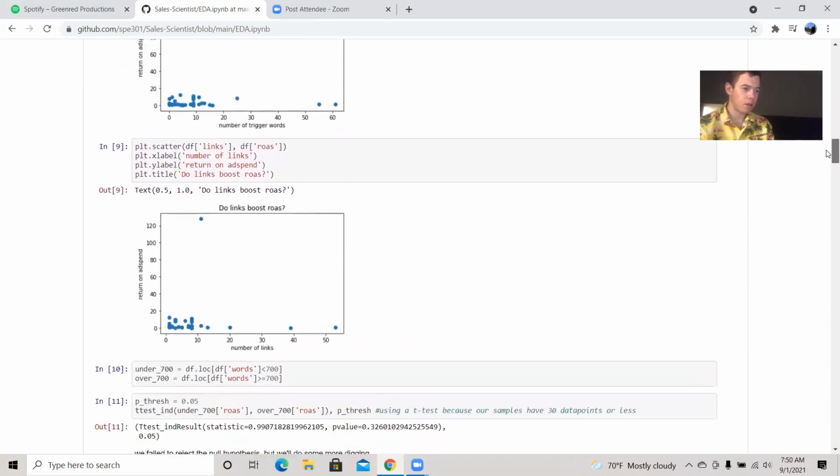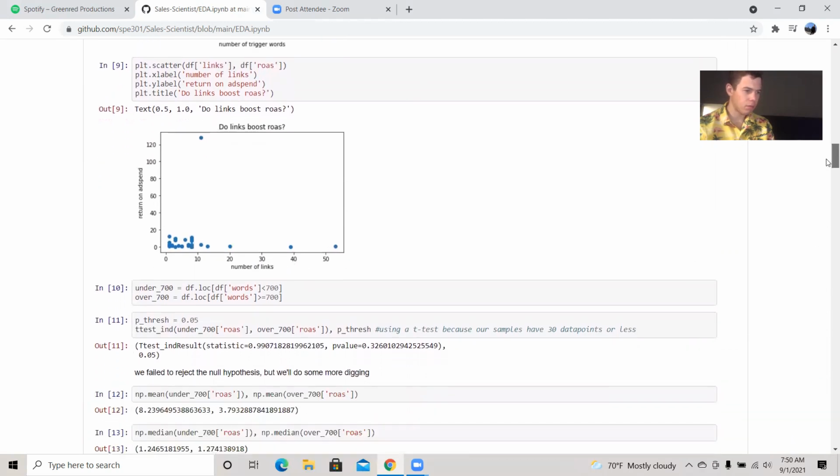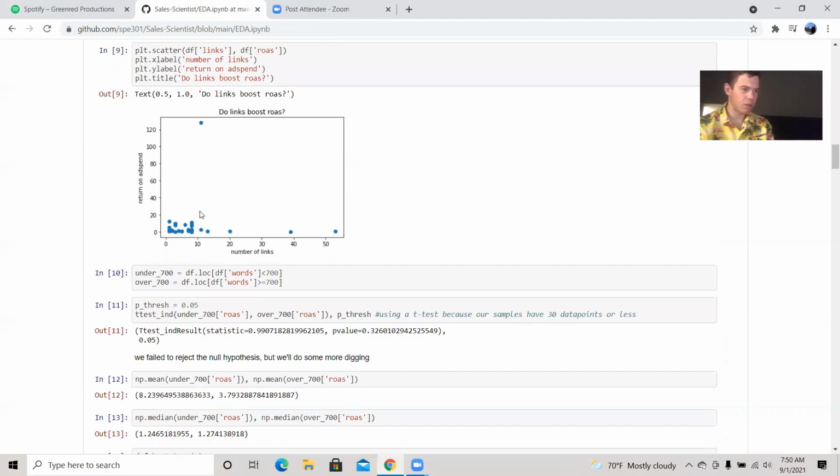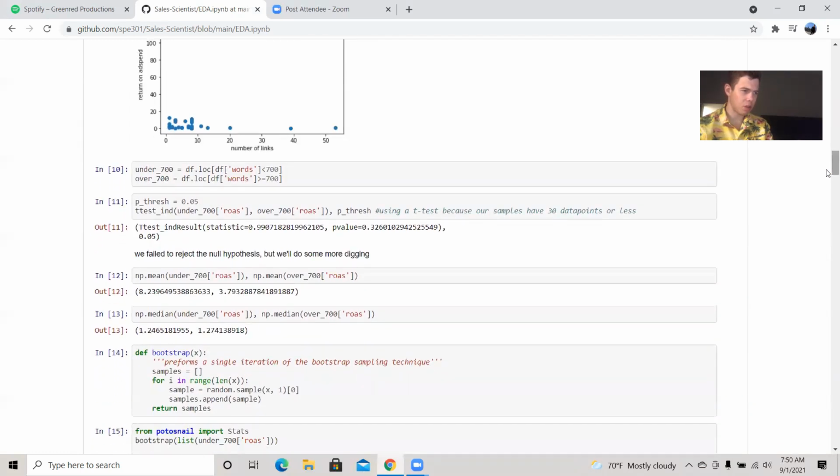And with links, I was not able to find a whole lot of information, because once you get past 7 or 8 links, not that many people have more than 7 or 8 links on their landing page.